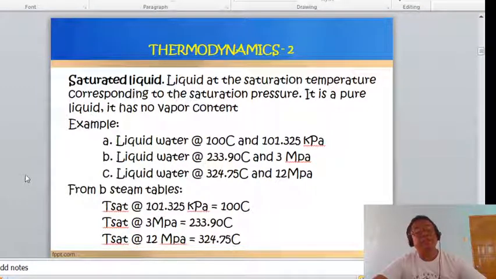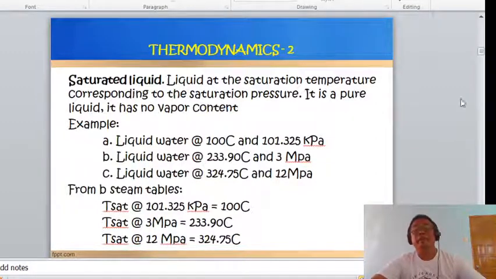T saturation at 3 megapascal is 233.9. And T saturation at 12 megapascal is 324.75. The given example at the upper portion utilizes table 1, and this example B utilizes table 2.